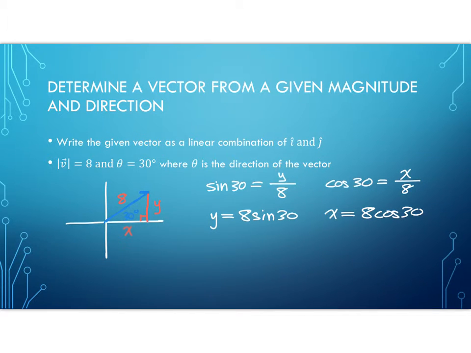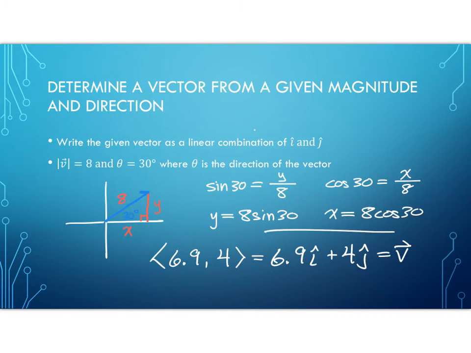So in component form, if we plug those in to get decimal approximations, 8 cosine 30 is about 6.9. 8 sine 30 is exactly 4. So that's component form. We're asked for a linear combination of i and j. So we're going to say 6.9i plus 4j. That is our vector v.